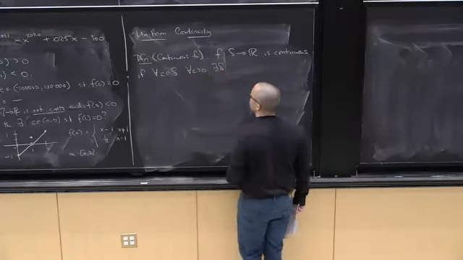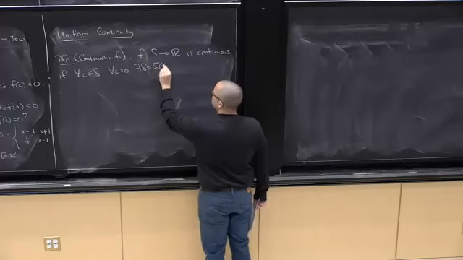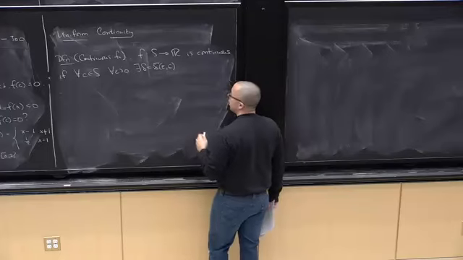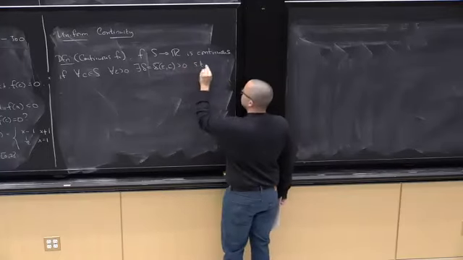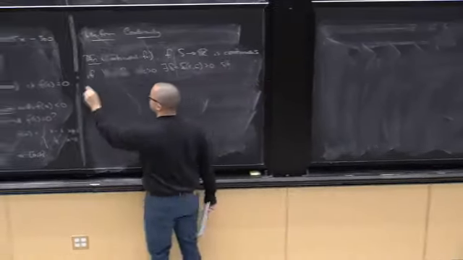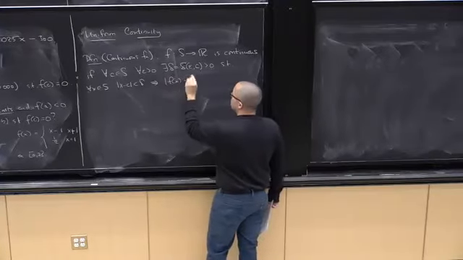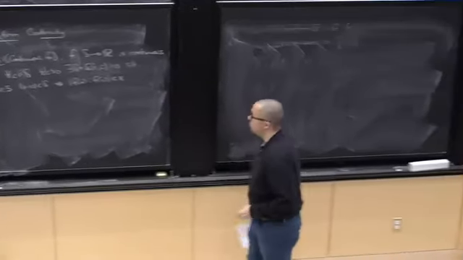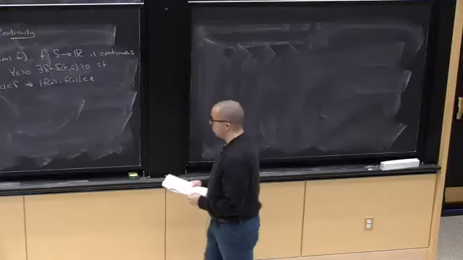Now, this delta, and we saw this in examples that we did proving continuity, usually depends on epsilon and c, the point where I'm looking, such that for all x in S, |x minus c| less than delta implies that |f of x minus f of c| is less than epsilon. Okay?